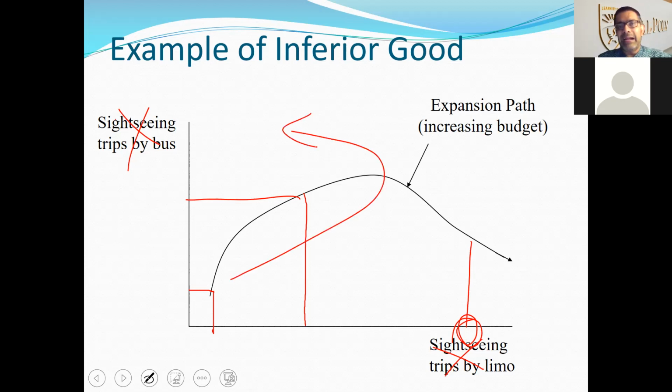It would have turned that way, if my limousine trips were on the y-axis and my bus trips were on the x-axis. Does that make sense? Right? Questions about this? I'll move on.